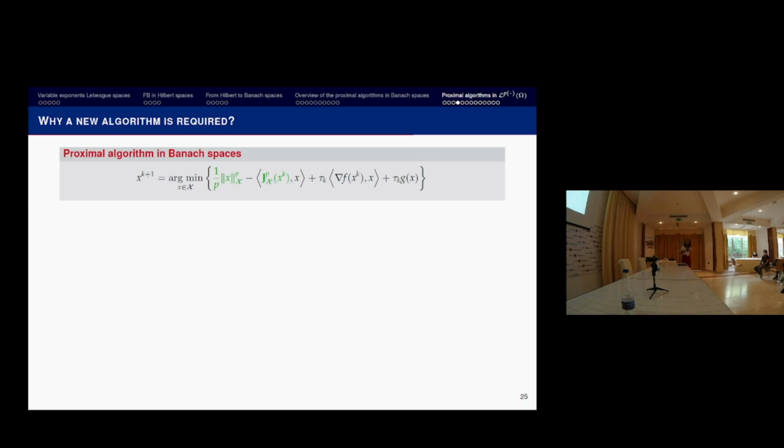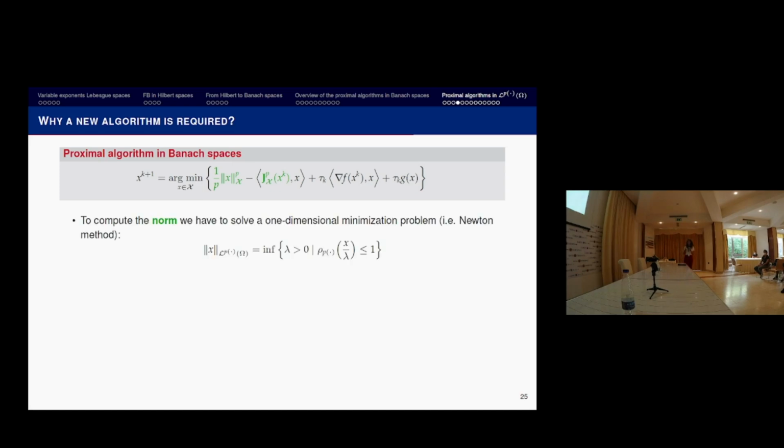The answer here is that the norm that appears in the algorithm in green cannot be computed directly because we don't have a closed form expression, but to obtain the norm in this space we need to solve a one-dimensional optimization problem. And this is computationally expensive when you have to do it many times during the resolution of an algorithm.